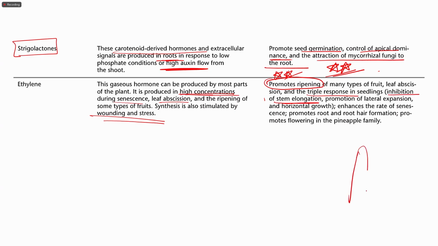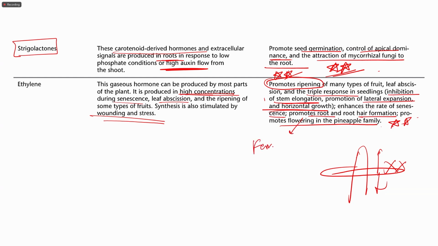So elongation, that is increase in the height, is inhibited, and it increases laterally. So lateral expansion and horizontal growth is promoted. Enhances the rate of senescence, promotes root and root hair formation, promotes flowering in the pineapple family. We know it causes femaleness, that is, feminism character is induced, right? So these are the characteristics of ethylene.